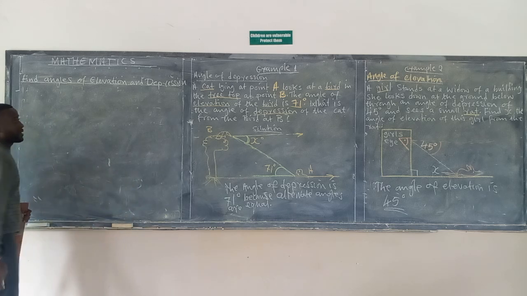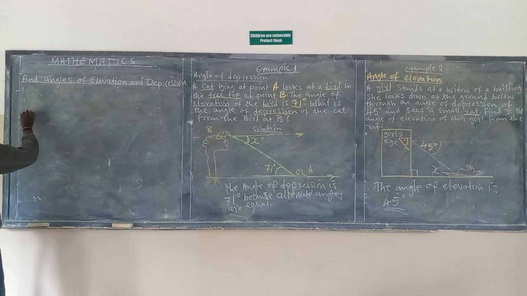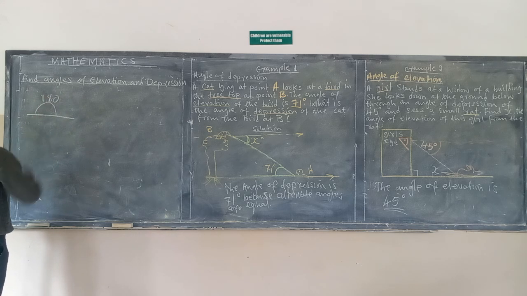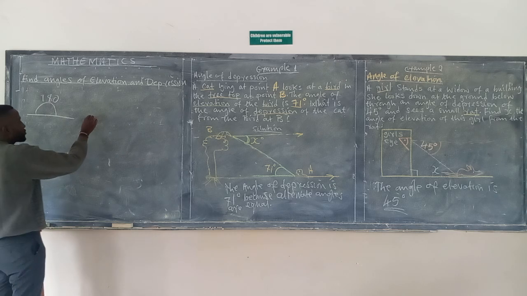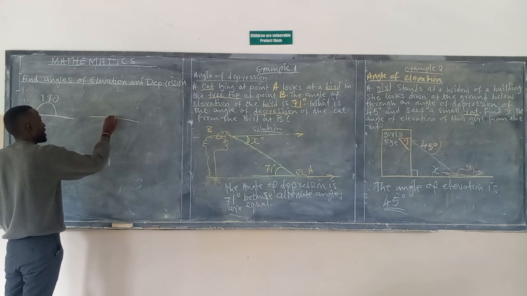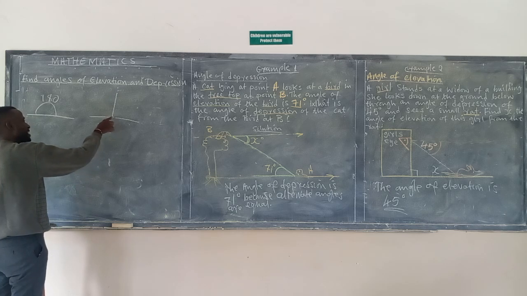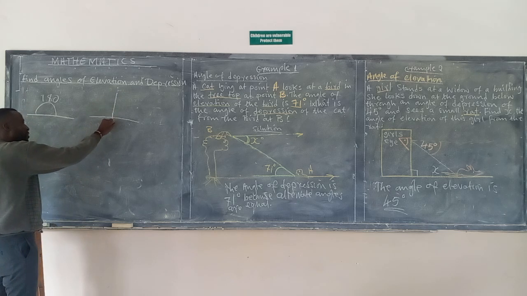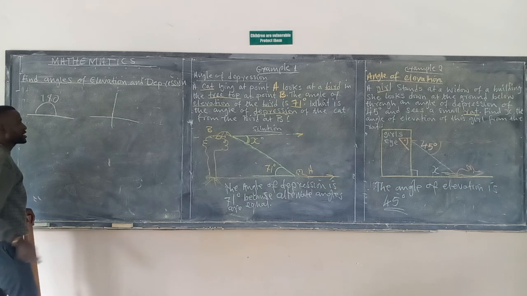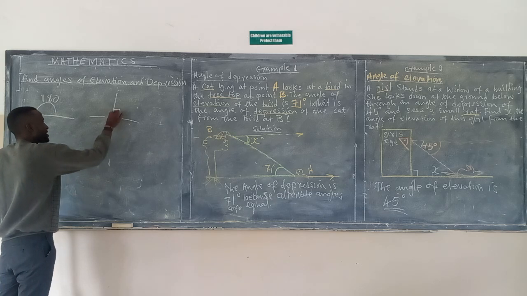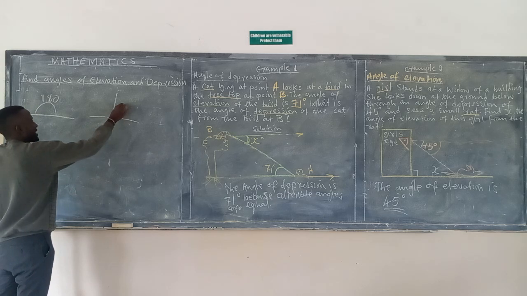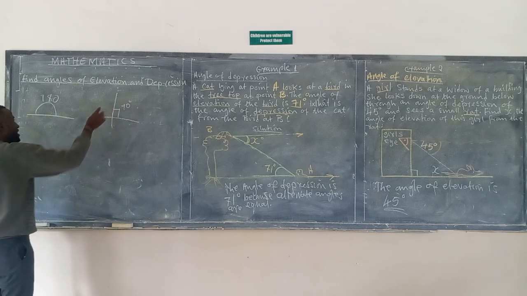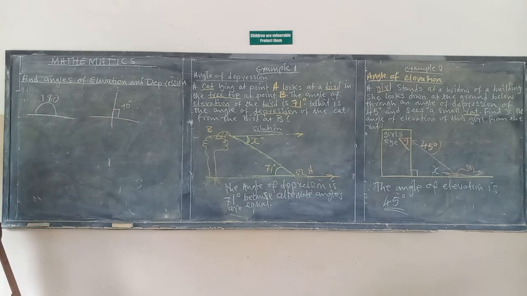Remember, a straight line adds up to 180 degrees. Once we have a straight line and a vertical line cutting the straight line perpendicularly, it creates two angles of 90 degrees. This is 90 degrees, and the other side is also 90 degrees.